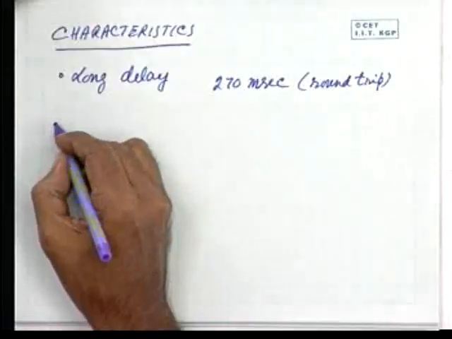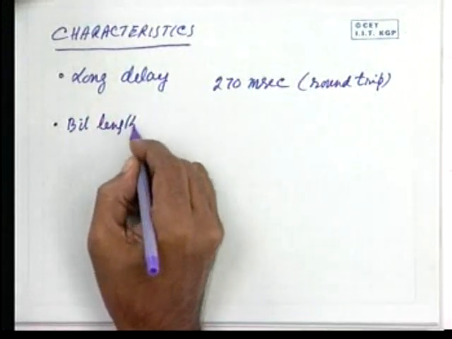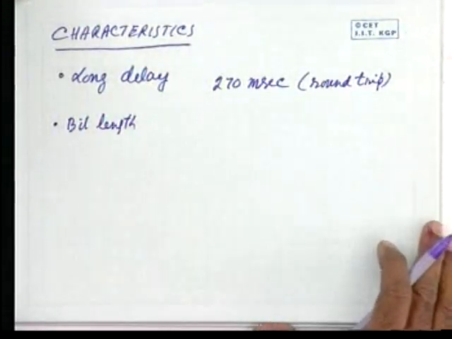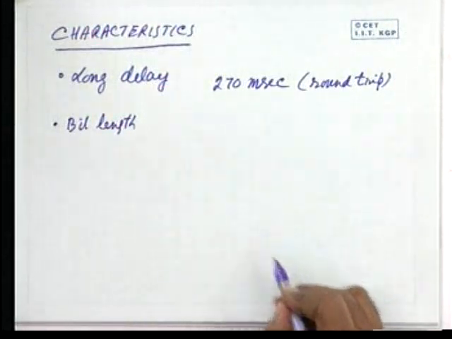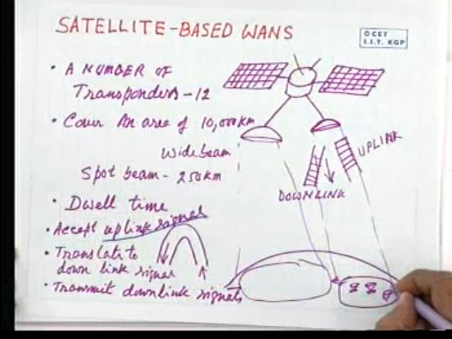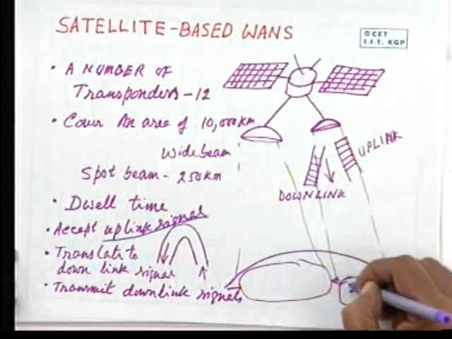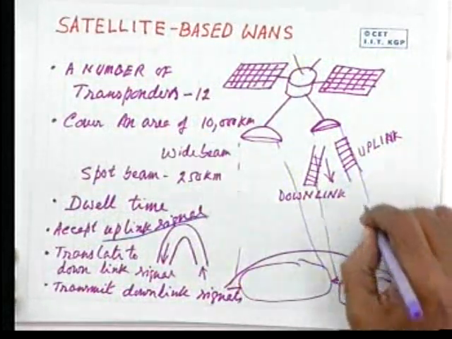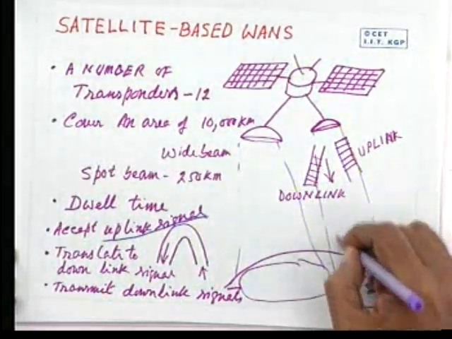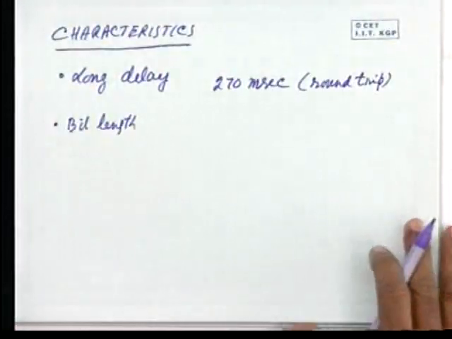Another characteristic is the bit length, that is the entire duration. That means, say, from here to here, throughout the path, if you send signals, what is the length of that? That will depend on what rate you are sending.